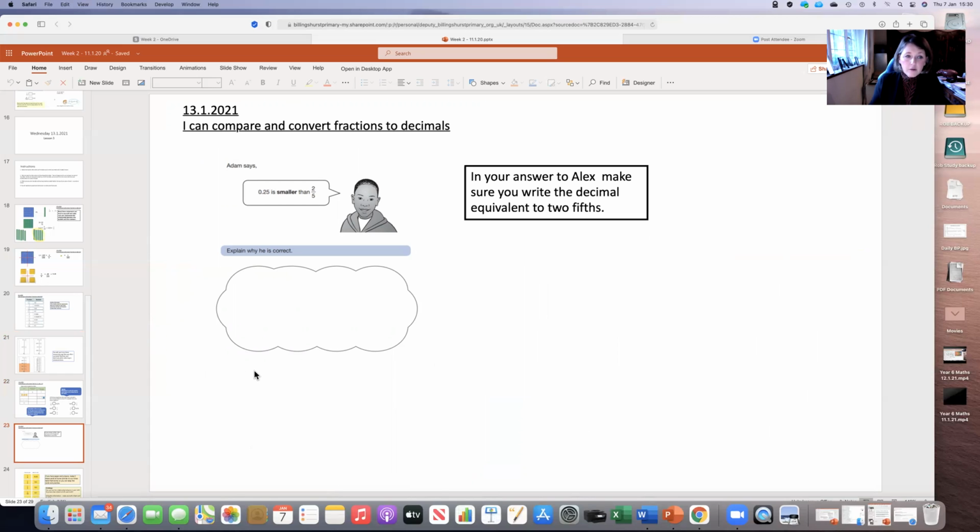Adam says 0.25 is smaller than 2/5. Explain why he's correct. I'd like you to tell me all that you've learnt in the last few days in your answer here, because this really needs you to use a lot of mathematical language to answer this question.